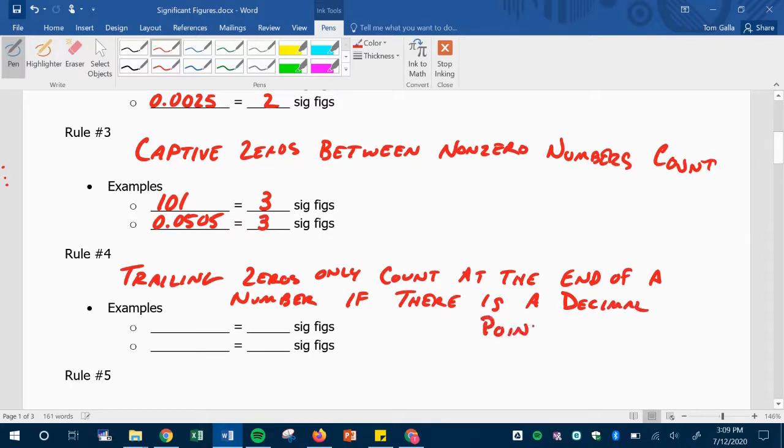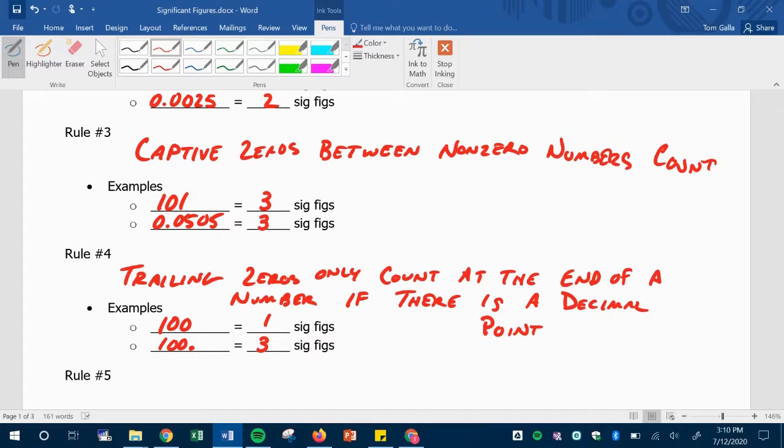And so what that means in terms of our example here, if we have something like 100, this only has 1 significant figure. However, if we put 100 with a decimal point, this becomes 3 significant figures. Now, this rule is kind of tricky too, so let's talk about a couple other examples.